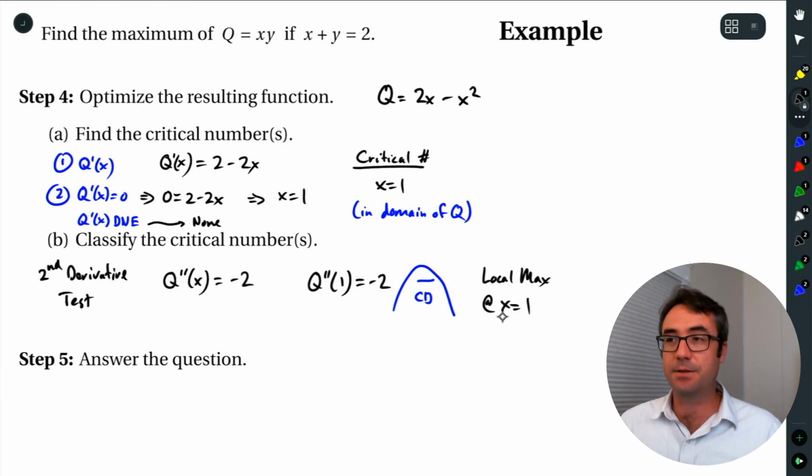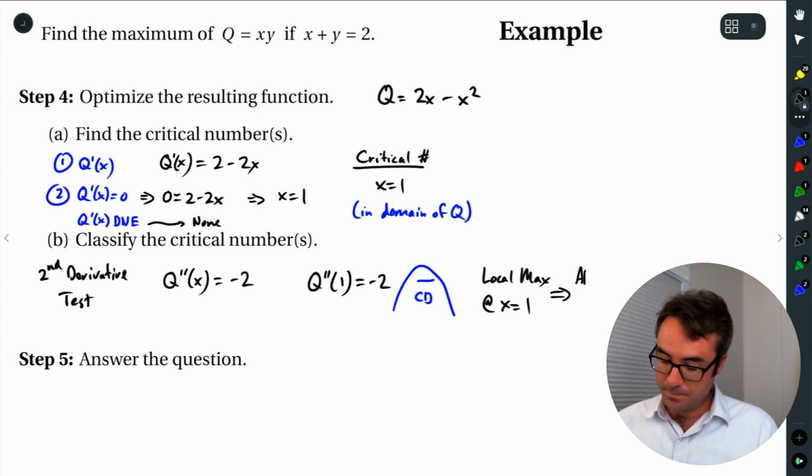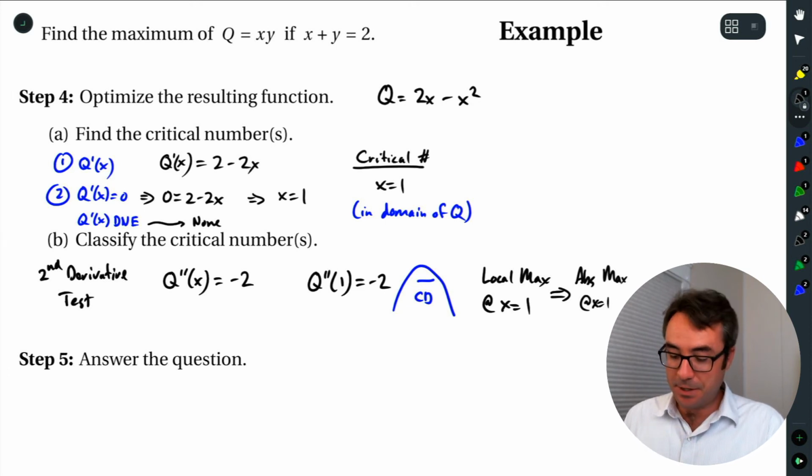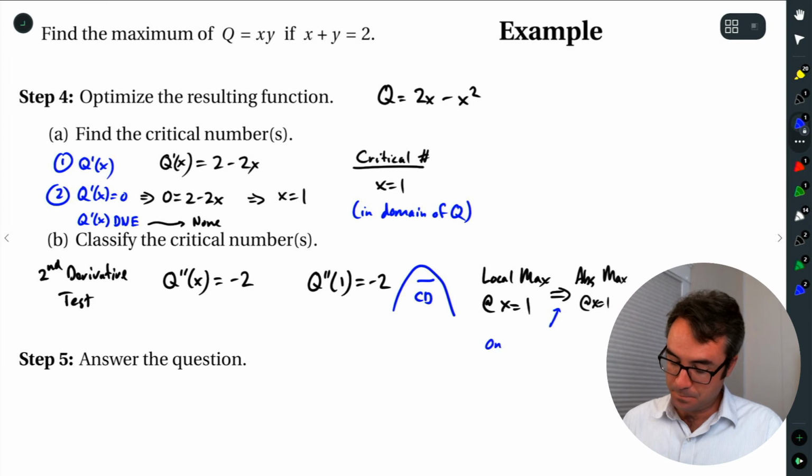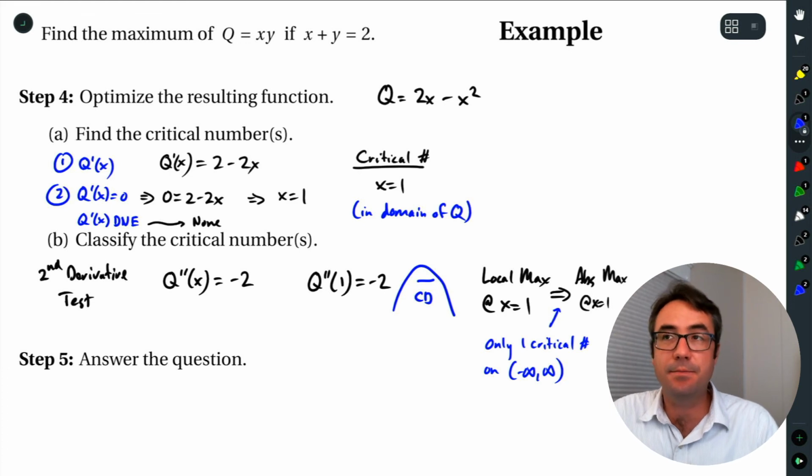So not only is this the local max, it's the absolute max. A little bonus there: because we only found one critical number on our entire interval from minus infinity to infinity, not only is this a local max, it's an absolute max.